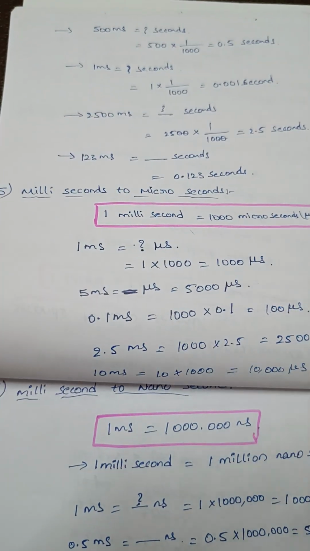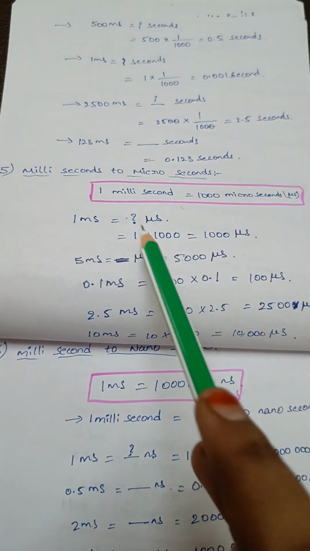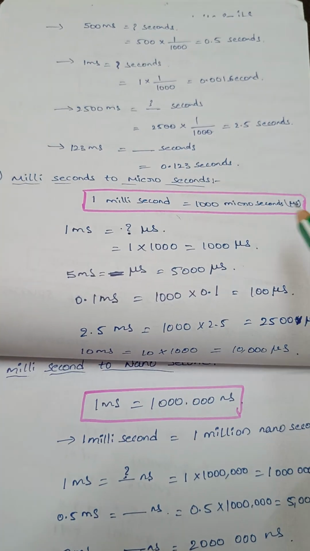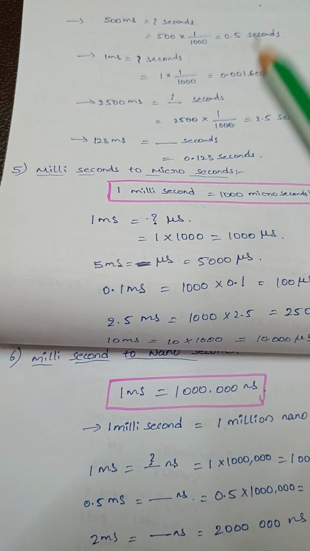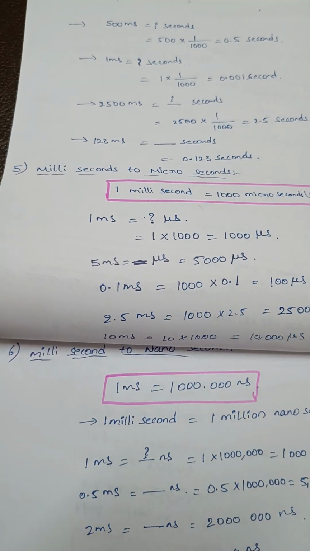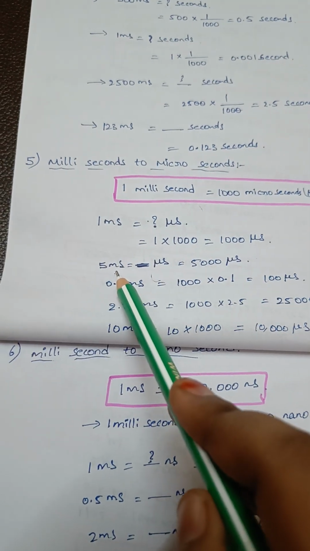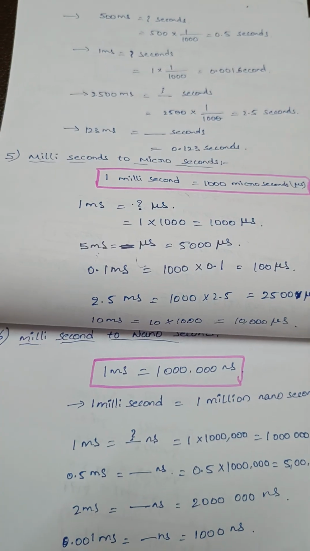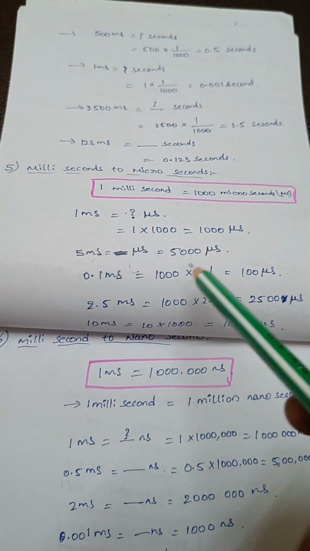Now we will see milliseconds to microseconds. The basic formula is 1 millisecond equals 1000 microseconds. Here I have 5 milliseconds, and I want to convert it into microseconds, so I multiply with 1000.